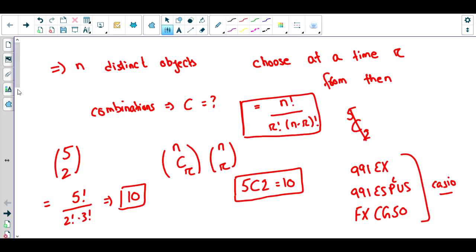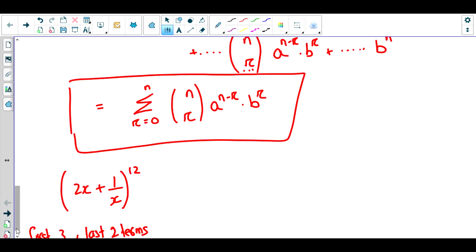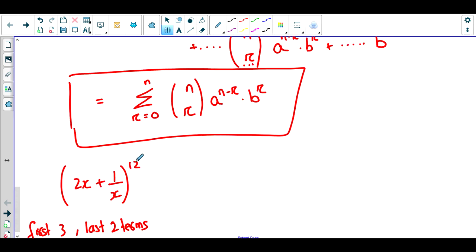Here, n value is what, 12. So let's start and apply the summation form. What will be the first one? 12C0, r value is 0, starting from 0, a^(n-r). So 12 minus 0 will be what? a^12, plus what will be the next one?